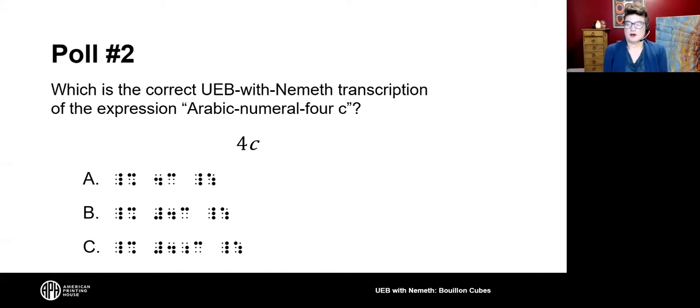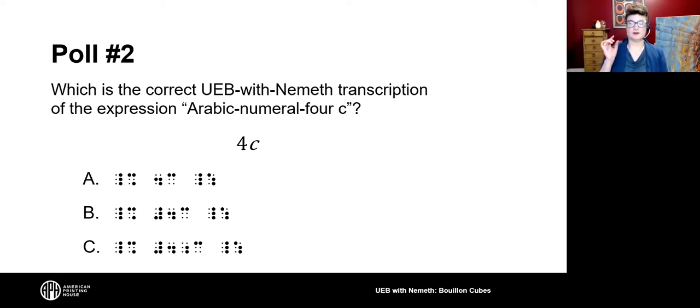Your answer choices are available in simulated Braille or ASCII with Braille font applied on the screen, so it looks like a Braille cell. In your actual poll question, you can see the ASCII Braille. It's just the print characters that correspond to the Braille cells. So the difference between these answer choices is they're all in a Nemeth Code bubble.